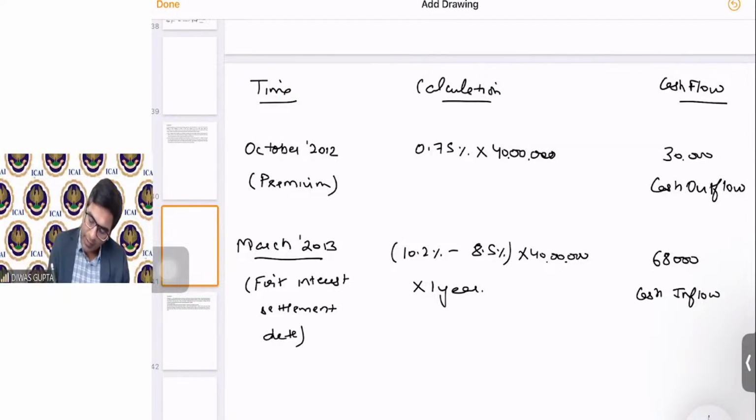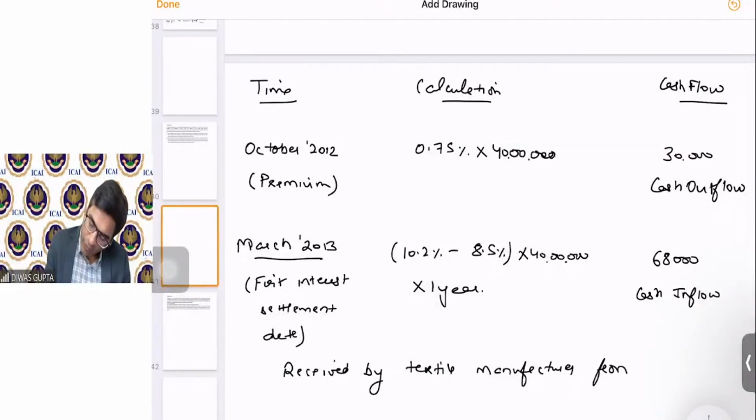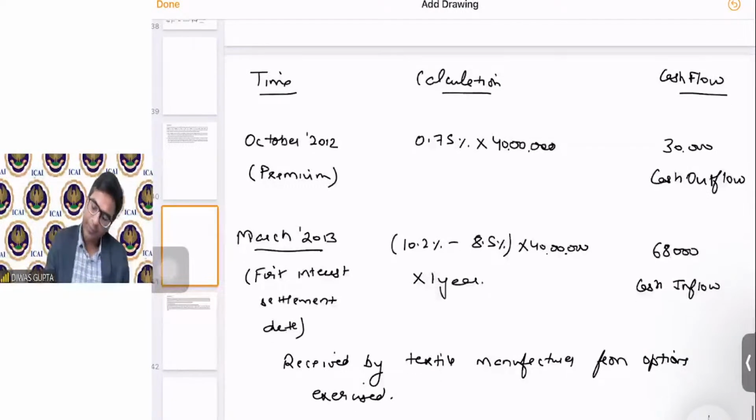So this will be received by the textile manufacturer from the options exercised.